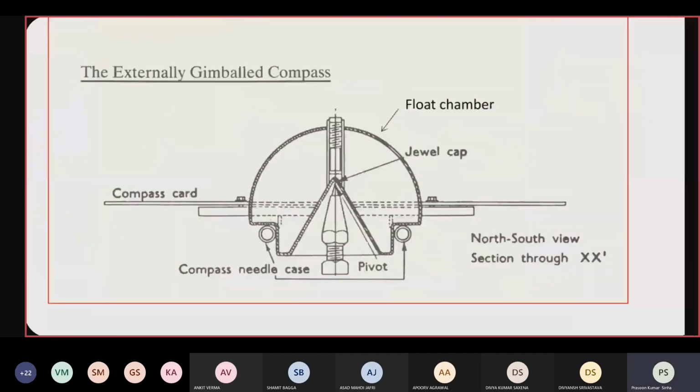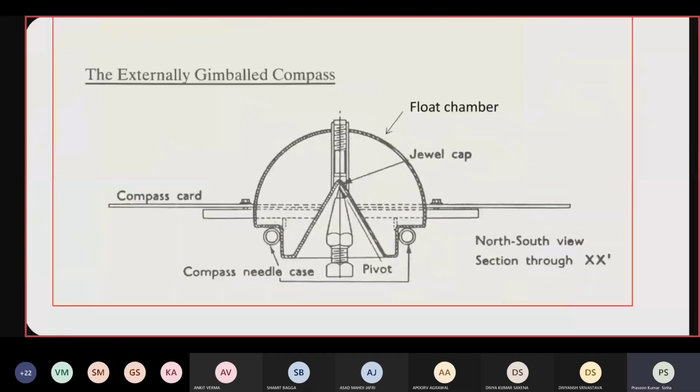Now take a look at this diagram, which is also the diagram of a compass. So you can see the jewel cap, the float chamber inside which it stays, and the compass bowl, what we are saying.